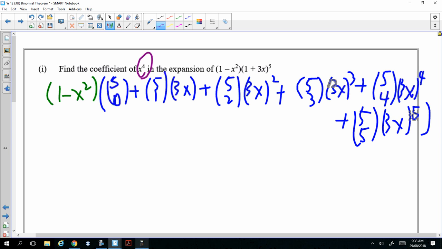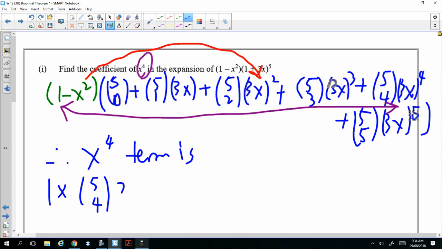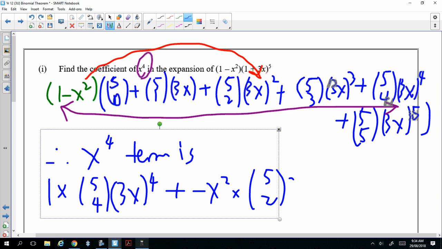So therefore, the x power of 4 term is 1 multiplied by 5 choose 4, 3x power of 4, plus negative x squared multiplied by 5 choose 2, 3x squared. Like that.